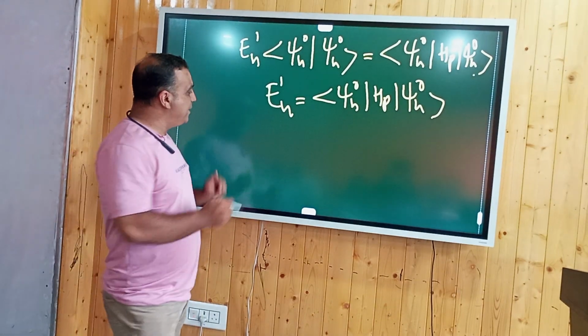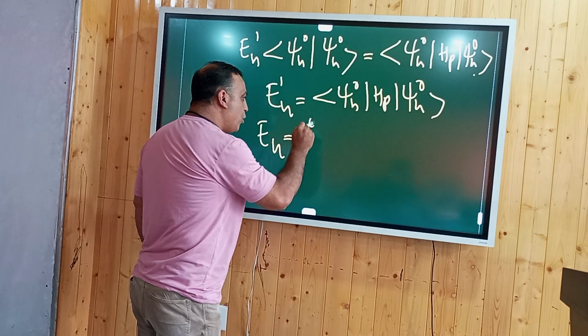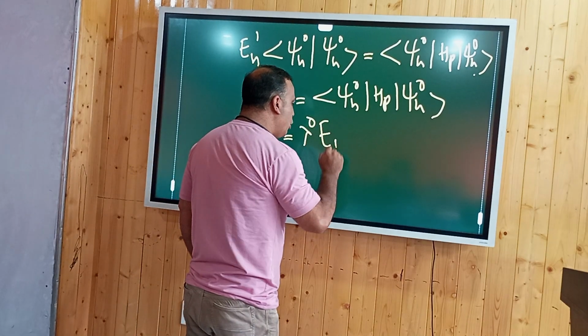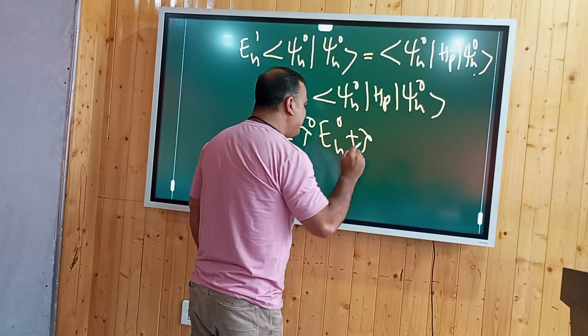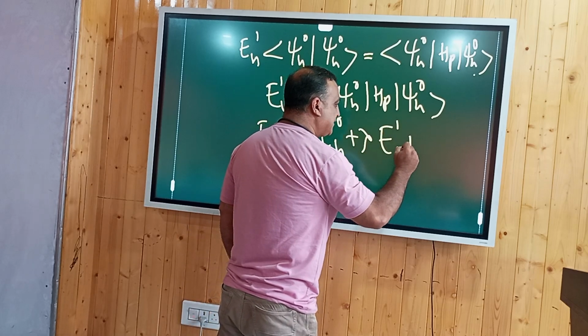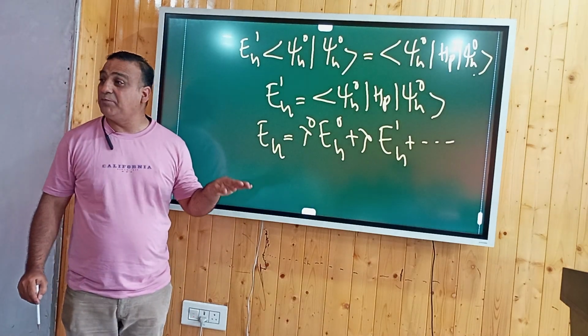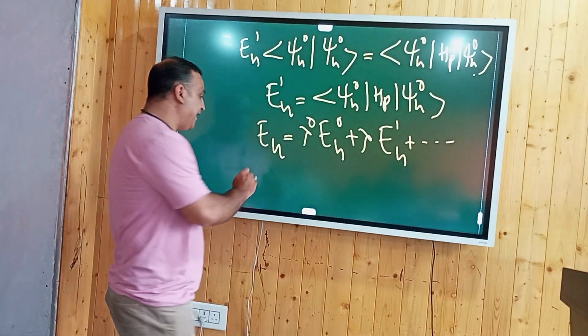So do you remember that En, what was it? It was λ0 En0 plus λ En1 plus so on and so forth. Now if I have to go with the correction in energy up to the first order, what will be that correction?